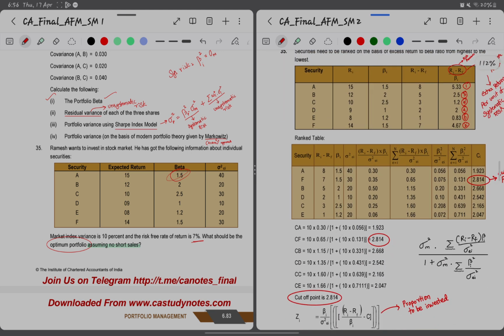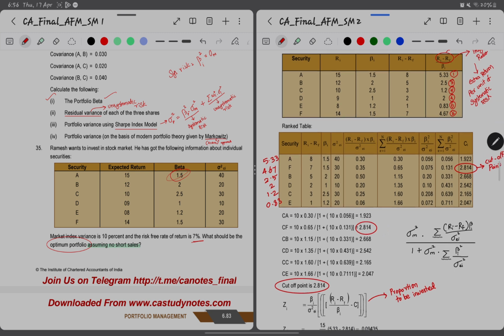So once after plotting in the highest to lowest order, like A, which is 5.33, and then 4.67, then 2.5, then 2, then 1.2, then finally 0.83. This will be the order, and in this order only we have to keep. Then we have to start applying this formula.